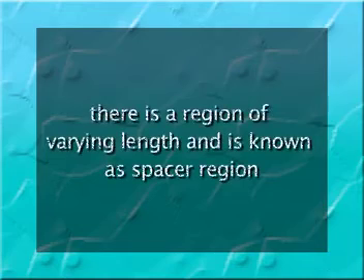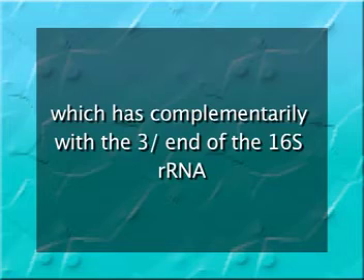Following the transcription start site, there is a region of varying length known as the spacer region. In prokaryotes, it is followed by a region which has complementarity with the 3' end of the 16S rRNA.